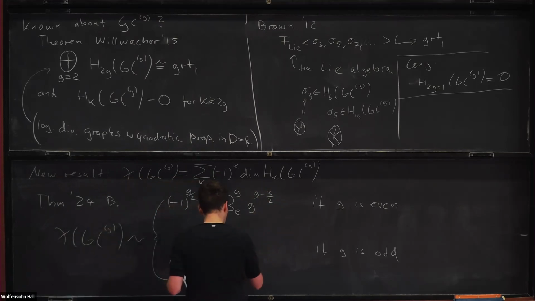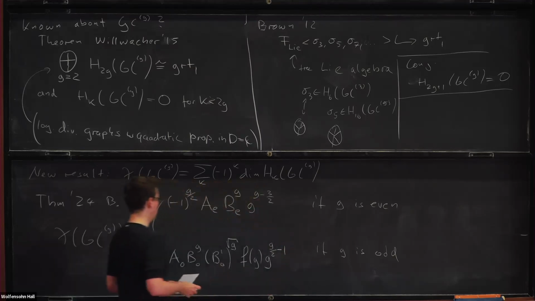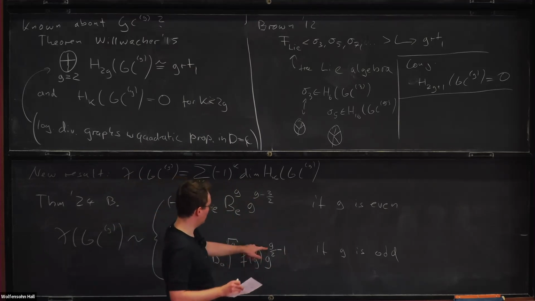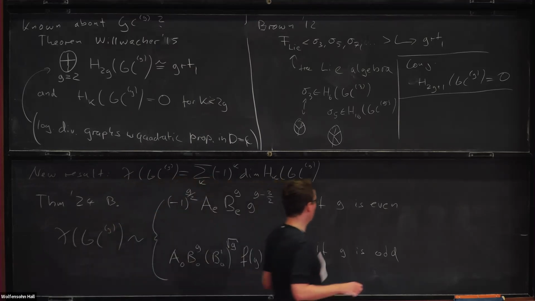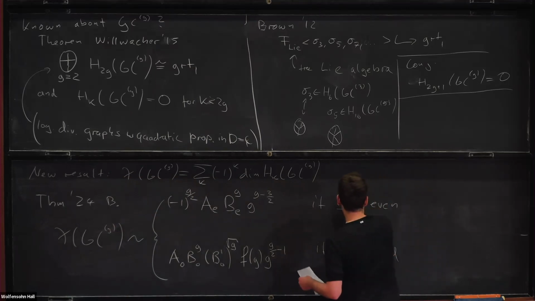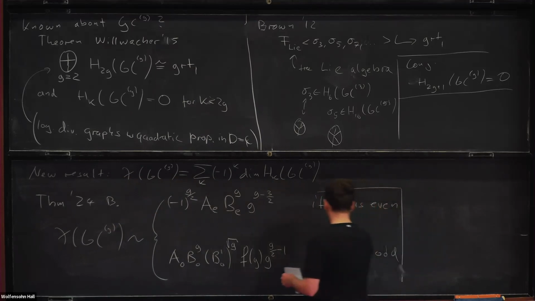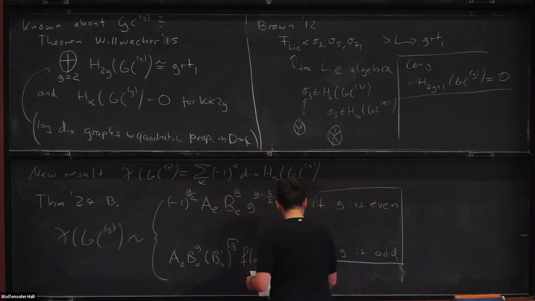And then there's a kind of complicated function f(g) and another super exponential term that goes like g to the power of g over 2. So what is f(g)? f(g) is the funky part.